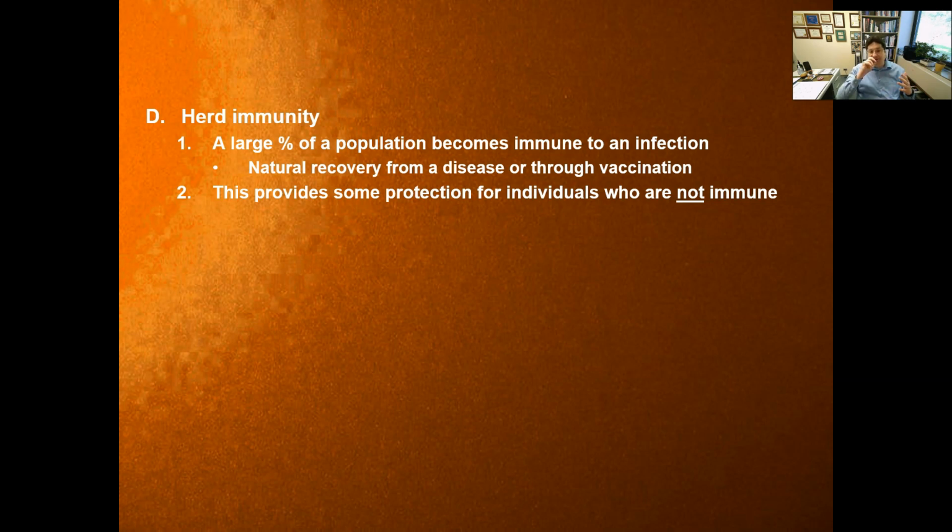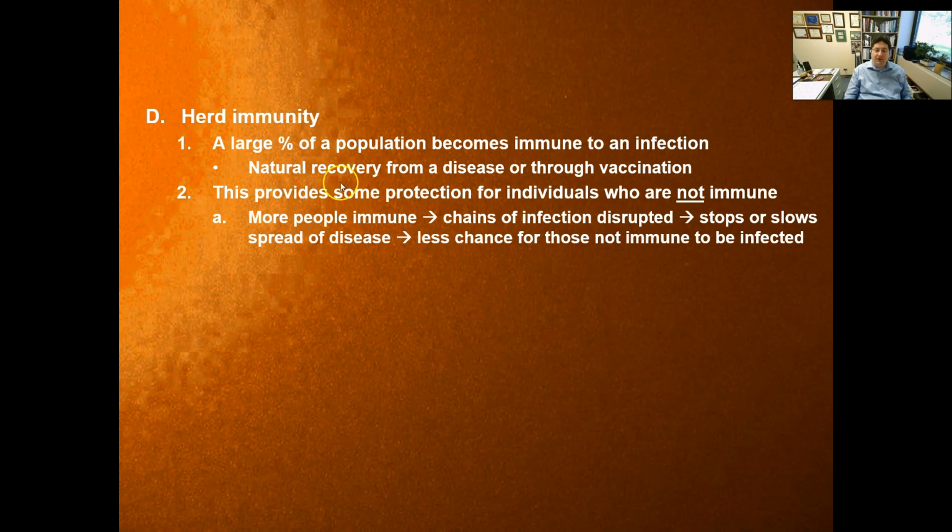So if a large percent of the population is immune to the infection, it provides protection for those who are not. So as more and more people become immune, say through a vaccine, this disrupts the chain of infection, which in turn stops or slows the spread of disease, meaning that those who cannot be vaccinated, or those who are vulnerable, not immune, have a less chance of being infected.